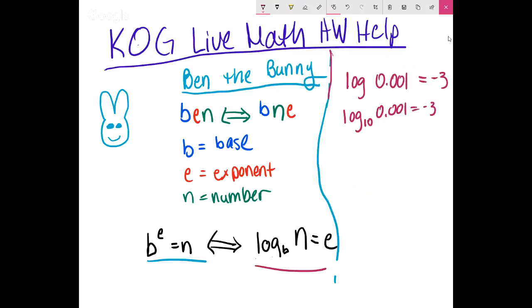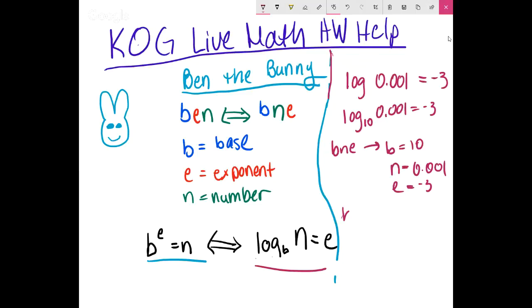So this is Bunny form. Label your numbers when you're doing this so you can plug them into the exponential equation. B is 10, N equals 0.001, and E equals -3.